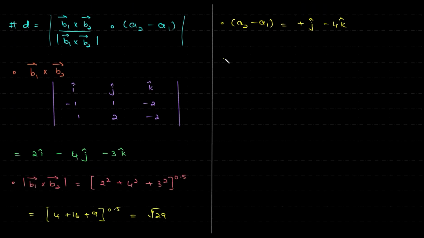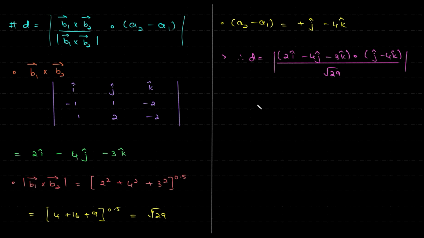And finally, D will be equal to the dot product between these two expressions, j cap minus 4k cap, this entire thing divided by root of 29, the magnitude.